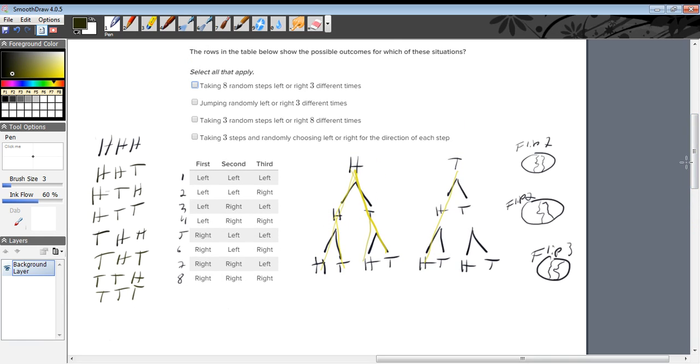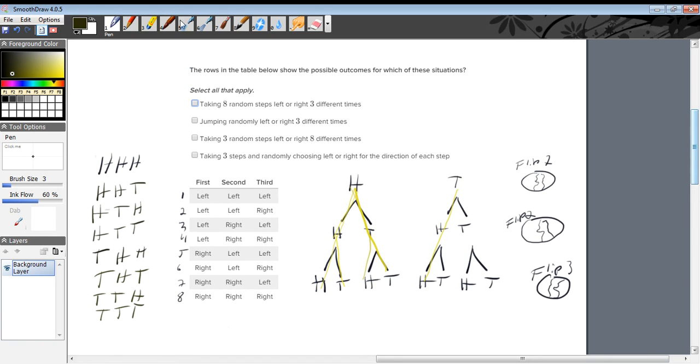So these are all the different options that I have over here for all the flips of coins. And it's pretty similar to taking a left or a right step. So taking 8 random steps, left or right, 3 different times.